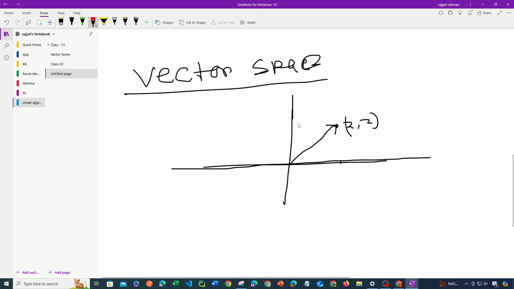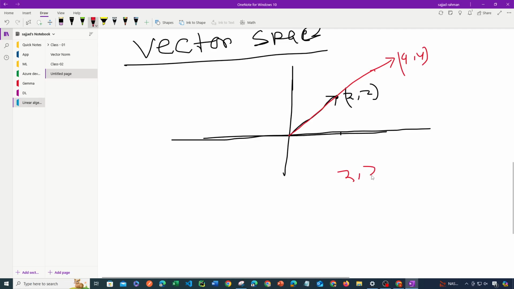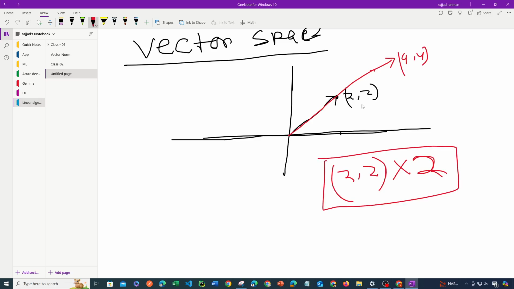What does it mean? For example, if we multiply this value by 2, then 2 into 2 is 4, 4. Here 2 is a scalar element, so the result vector is also in the same space. If the scalar is negative, then the direction will change.